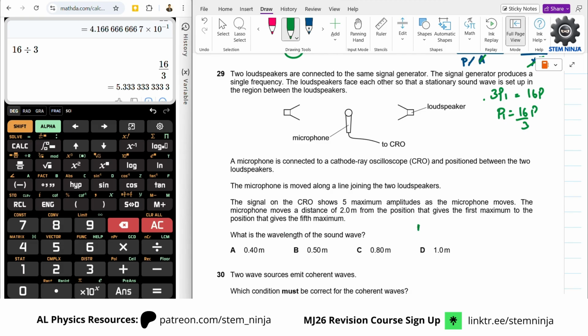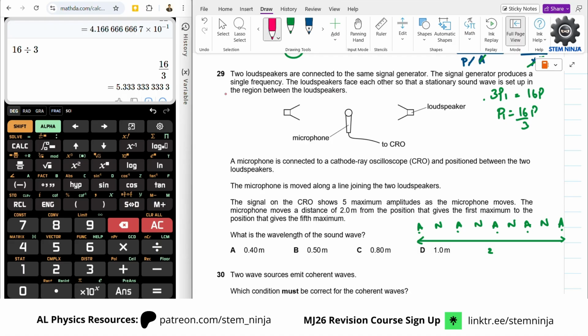Remember this: you have antinode, node, antinode, node, 5 maximum, right? So 1, 2, 3, fourth, and fifth. The distance covered is 2 meters.